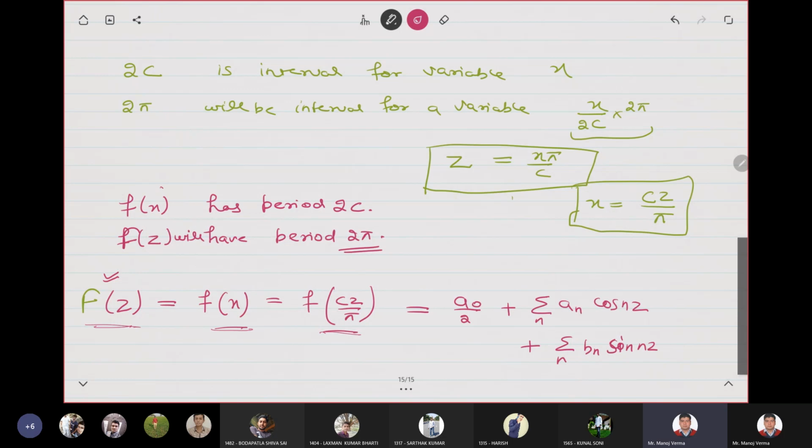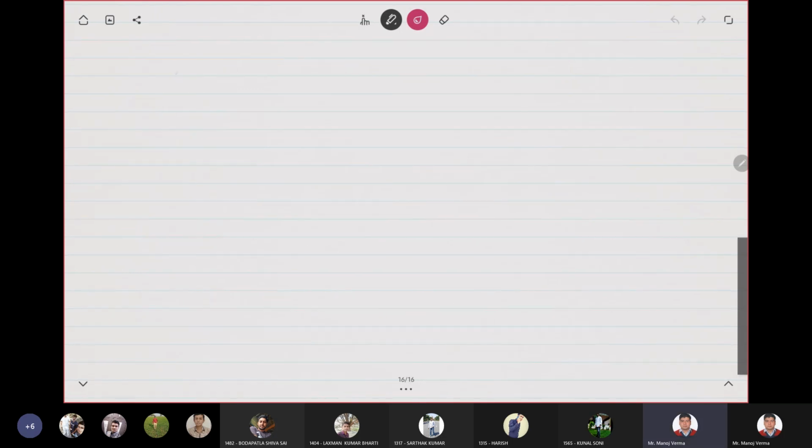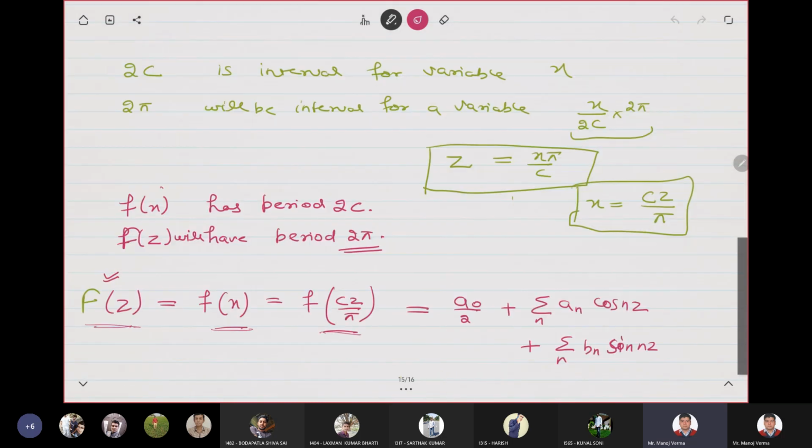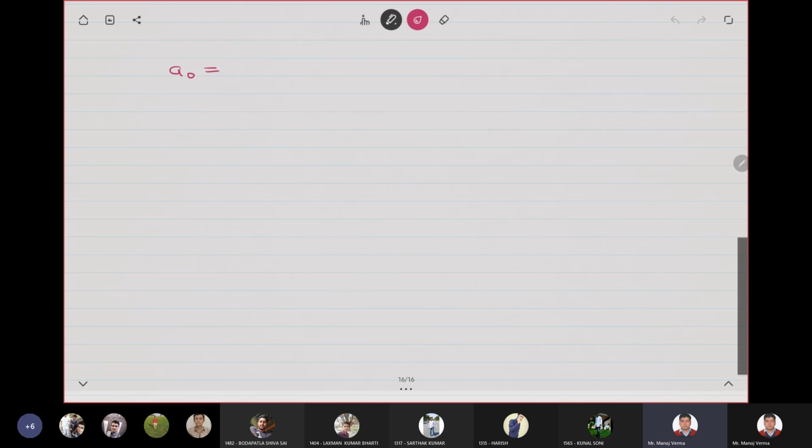So I will see in this case what will be the value of a naught. From this expression, I can say that the value of a naught will become 1 over pi from 0 to 2 pi, because now the period is 0 to 2 pi, F(z) dz.